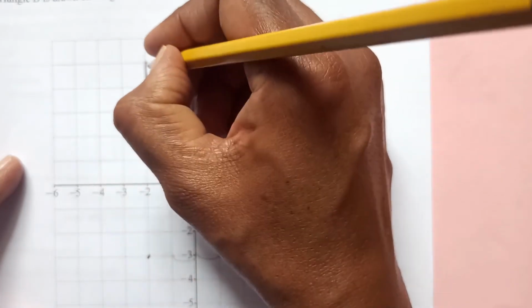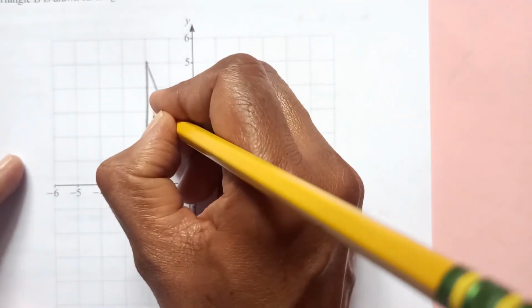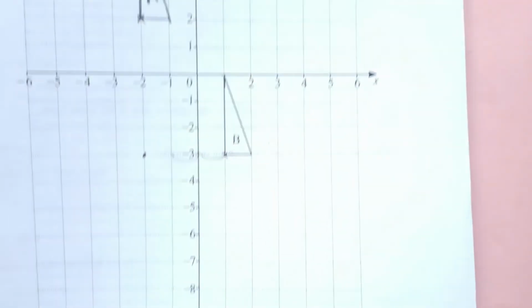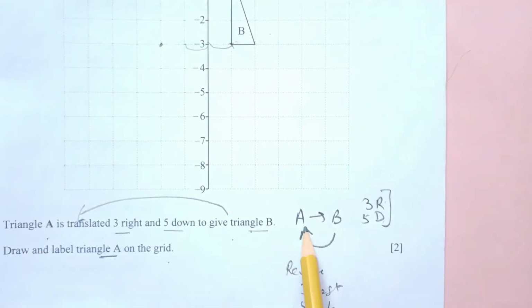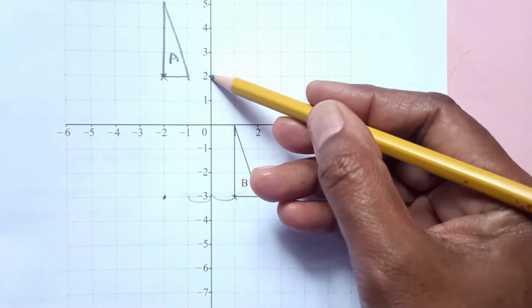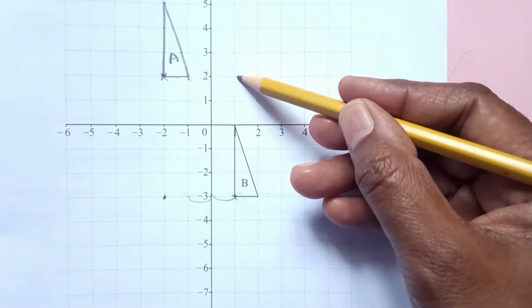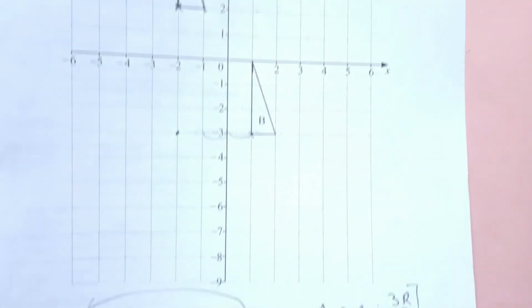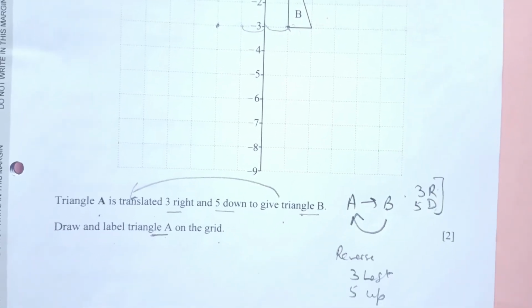Please use your ruler. So this is triangle A, which is mapped to B. To check this, from A to B was 3 right, so here it is 1, 2, 3 right and 5 down, 1, 2, 3, 4 and 5. So we got this point, right? So this was actually the reverse transformation.